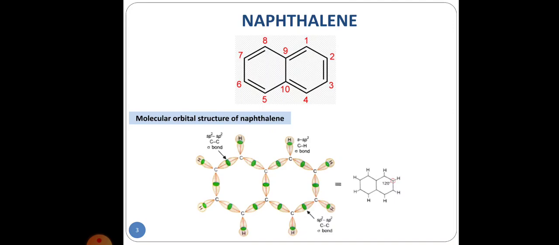Since the sigma bonds result from the overlap of trigonal sp2 orbitals, all carbon and hydrogen atoms in naphthalene lie in one plane. So between carbon and carbon there is sp2 hybridization, and between carbon and hydrogen there is sp2 hybridization.